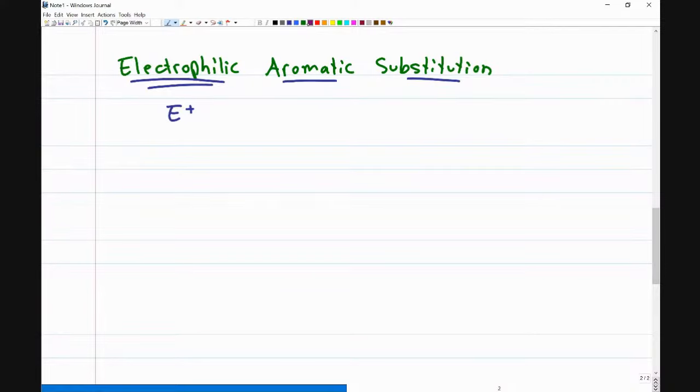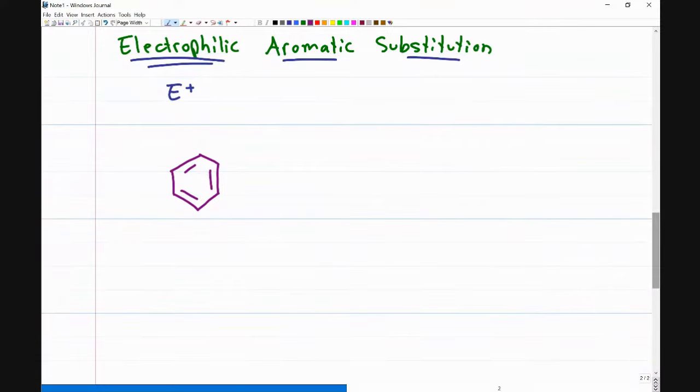The benzene ring is a cyclohexane with 3 alternating pi bonds for a conjugated, resonating, very stable system. And the reactions are going to look almost like an alkene reaction, except with one major difference.